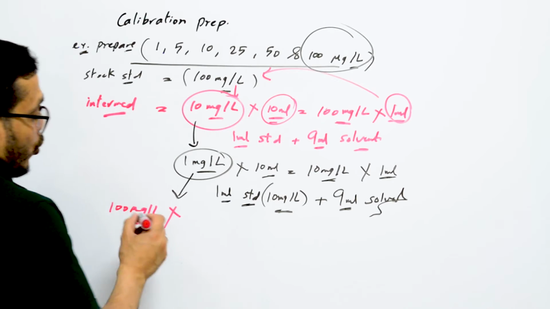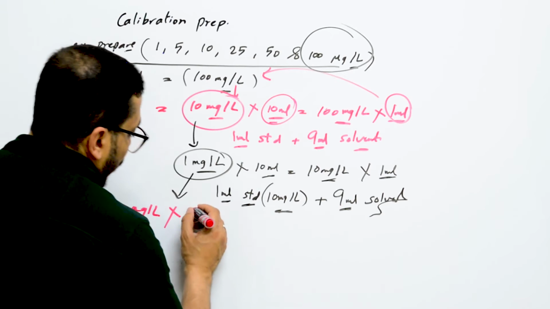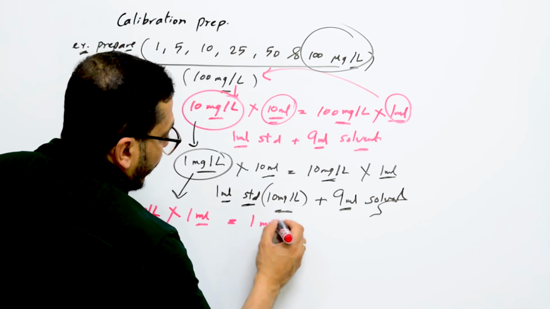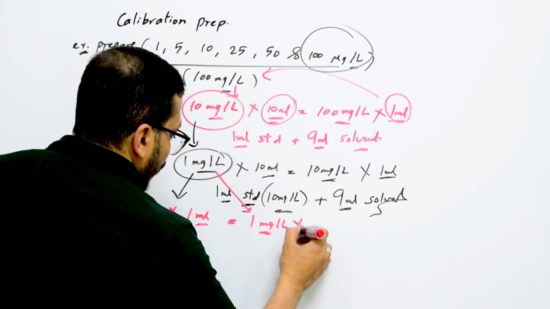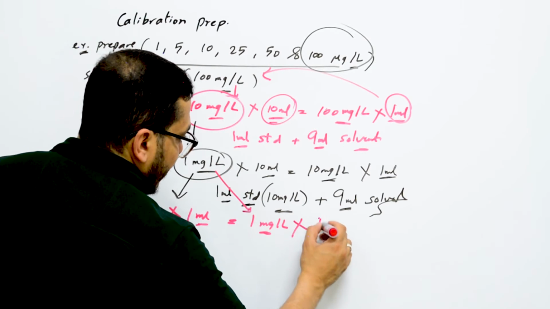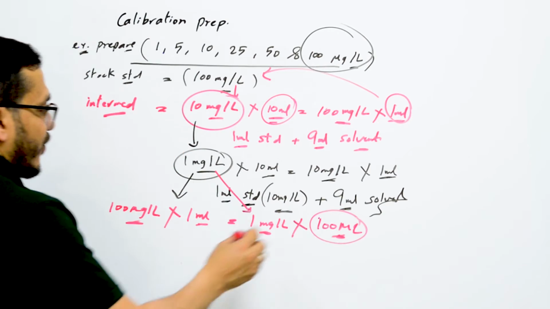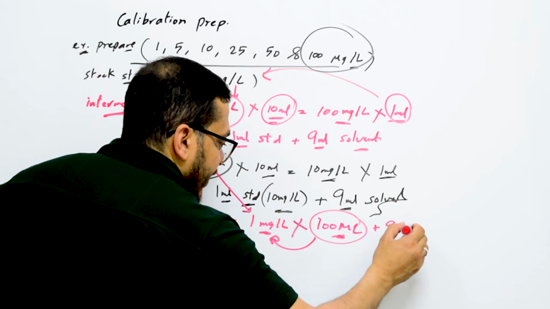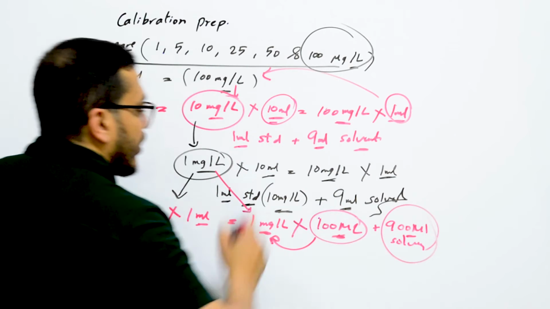Multiplying by 2, you will prepare calibration standards in a 1 ml HPLC vial. So in 1 ml from 1 milligram per liter, the intermediate standard, you need to add 100 microliter from this standard plus 900 microliter from the solvent you used.